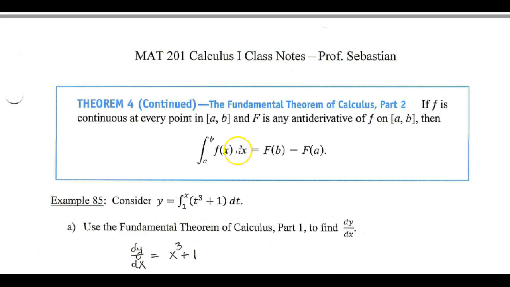The way we evaluate definite integrals is we look at this integral and we say, what's an antiderivative of this little f of x? That's capital F of x. So find an antiderivative. Don't worry about the plus c because they would cancel out when I evaluate it at the upper limit minus evaluate at the lower limit. So we find an antiderivative of f of x, forgetting about plus c. We don't need that.